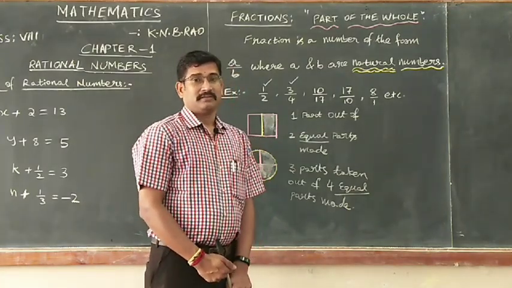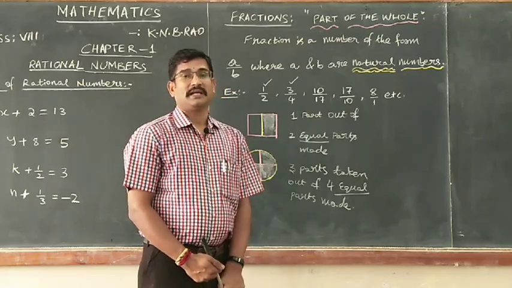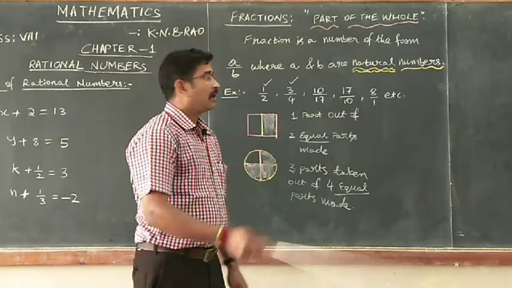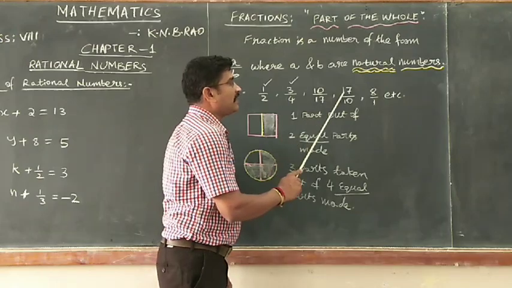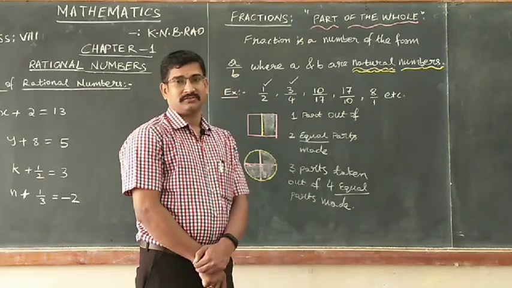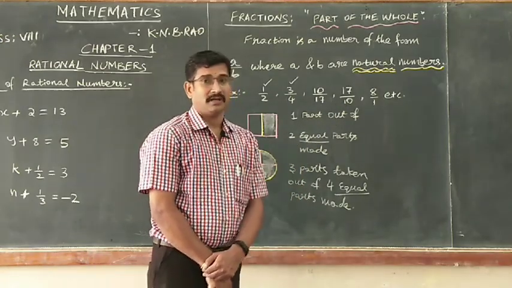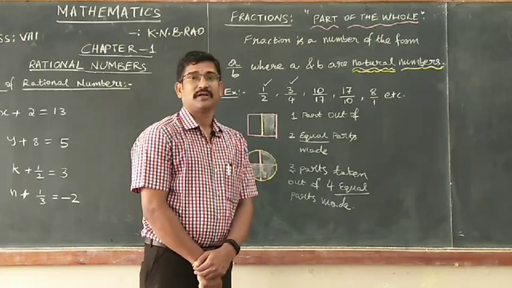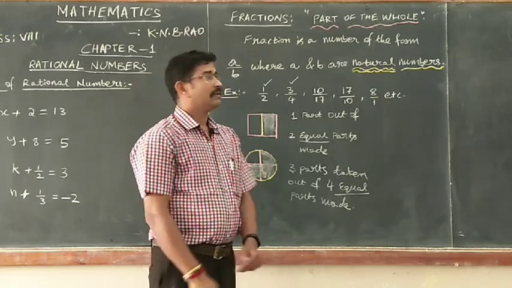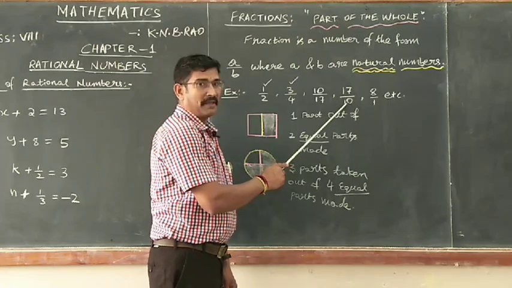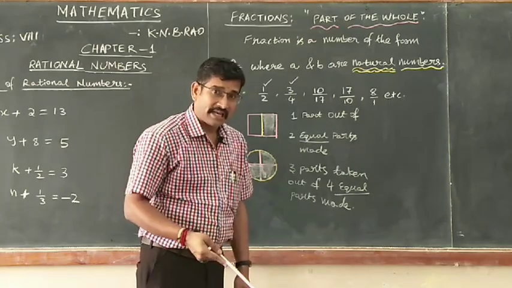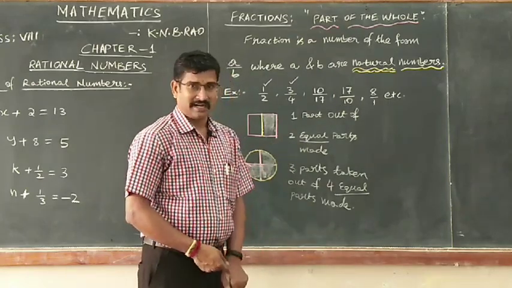Once again, try to understand, you will get a doubt: how could 17/10 be a fraction? 10 equal parts are made, and in that I am taking 17, is your doubt, right?